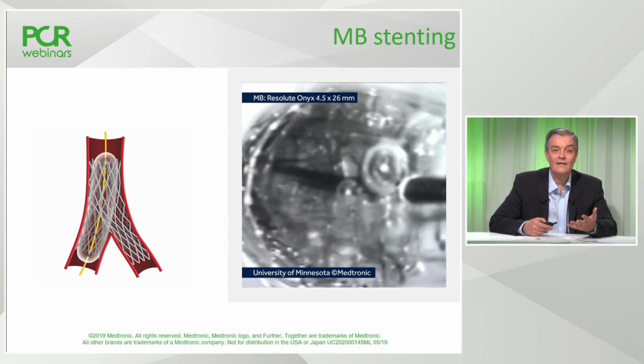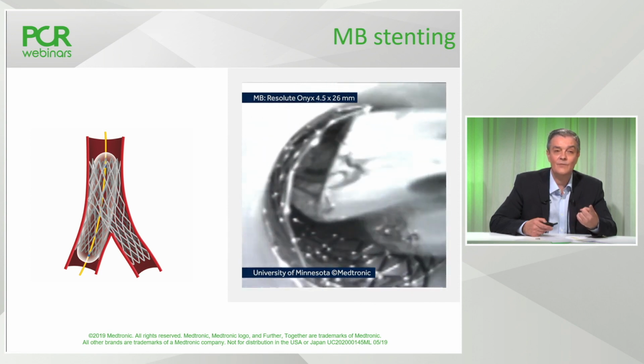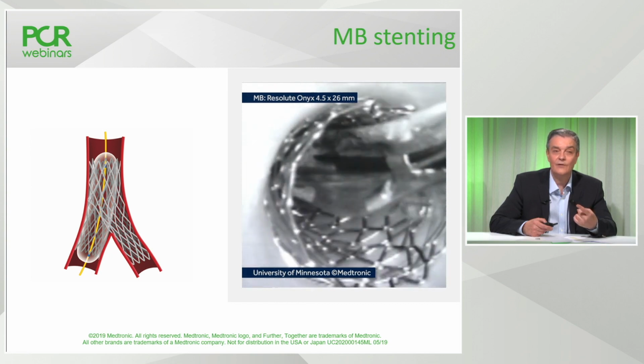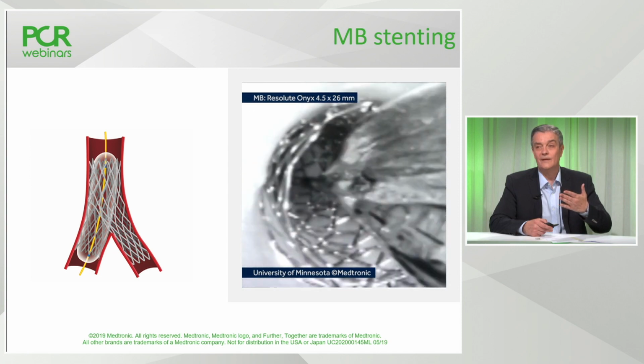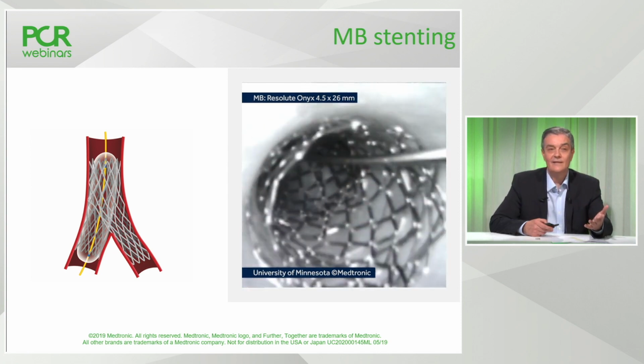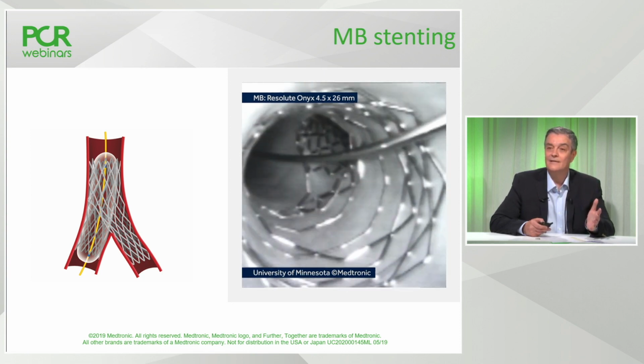But what we can learn and appreciate is the difference in diameters between proximal and distal part of the main vessel, because there is no tapering. There is a step down in diameter, and you can clearly appreciate that there is a gap.